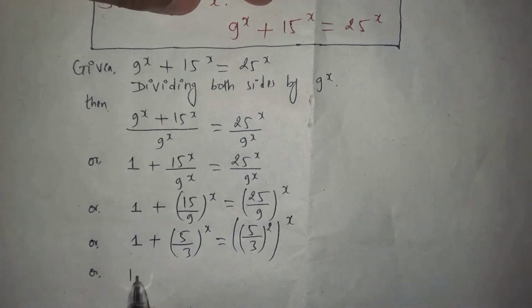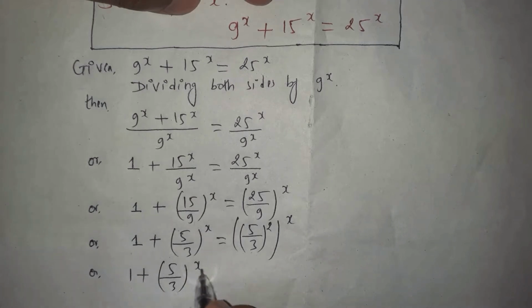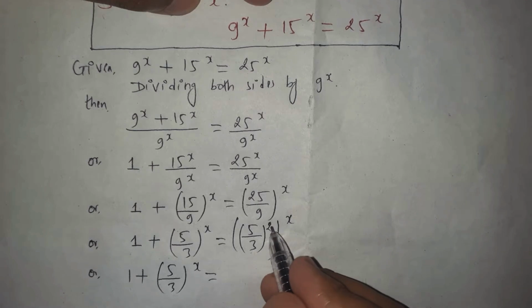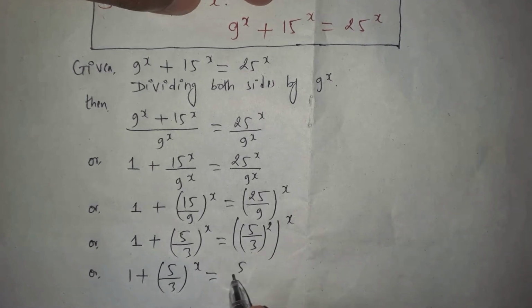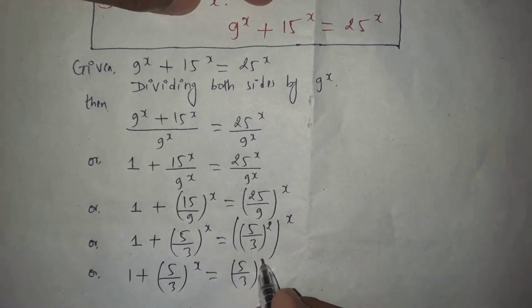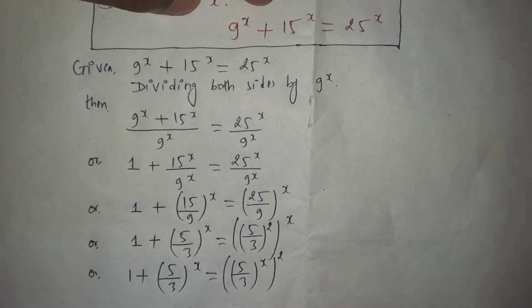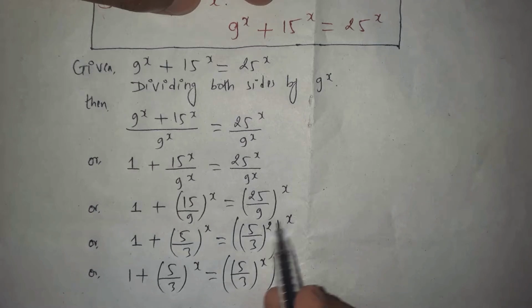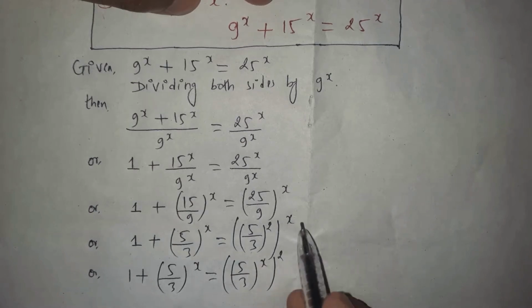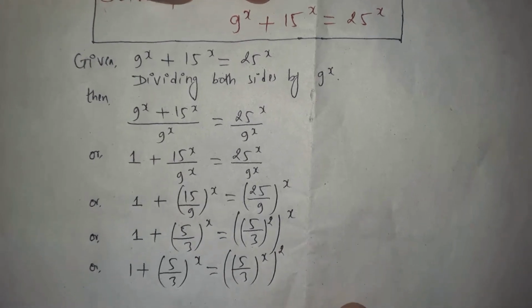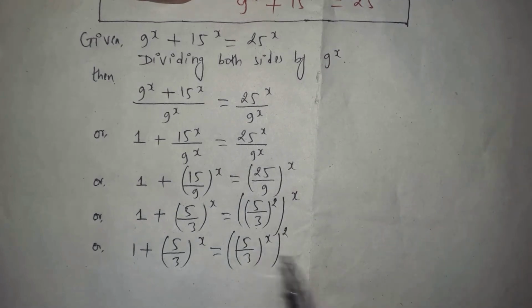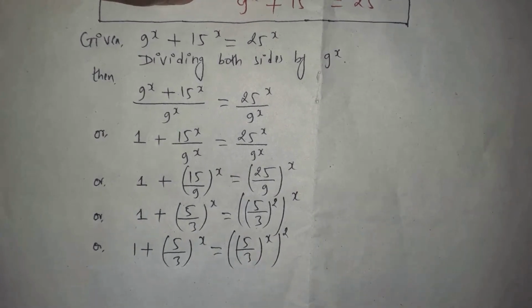Or this can be written as 1 plus 5 over 3 raised to the power of x, equals 5 over 3 raised to the power of x, whole raised to the power 2. We can interchange these powers, power of a power, by the law of exponents.